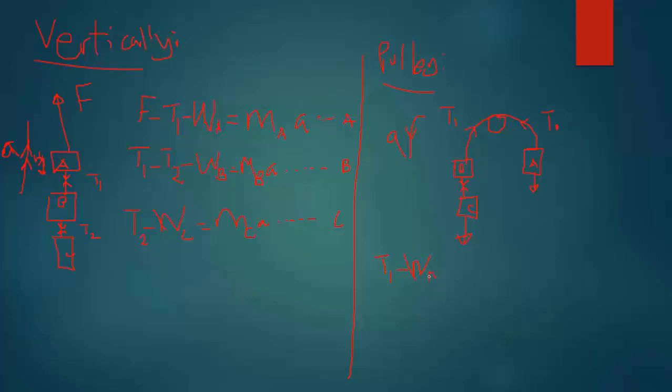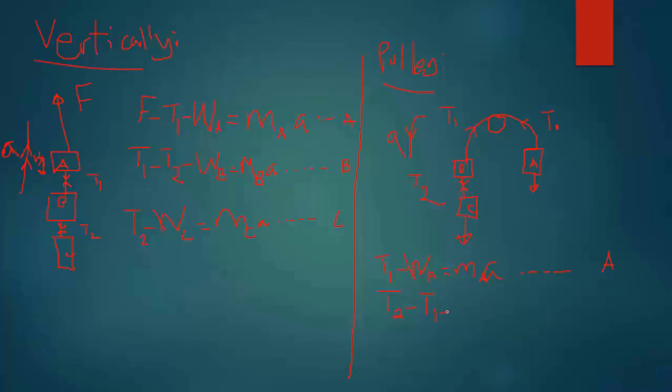Weight ya A ni sawasawa na mass ya A times acceleration. This is for body A. Tukija for body B, kinachoifanya i move ni tension 2 hapa, kwa sababu ndio hii inaipull huko, kwa have tension 2 minus the opposite tension ambayo ilikuwa nyuma yake ambayo ni T1. You can see it there. Minus tena.